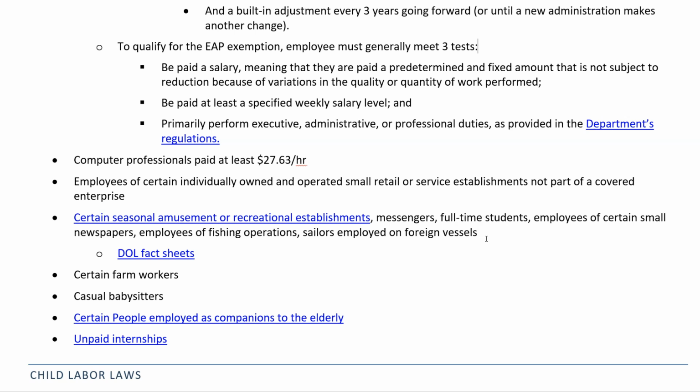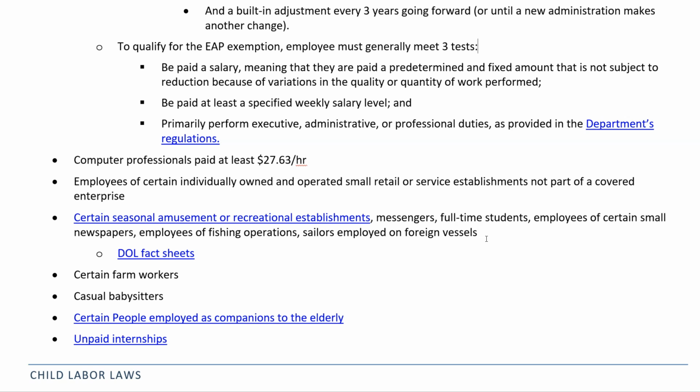For the summer, I was paid a very low salary, but they also provided room and board, so it got a little bit fuzzy there, but it was allowed under this specific exemption. Also covered are messengers, full-time students, employees of certain small newspapers, employees of fishing operations, and sailors employed on foreign vessels. It gets messy really quick because when the federal government's considering passing something like a minimum wage, a lot of companies are going to come in and have something to say about it.